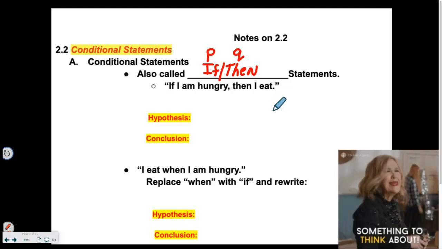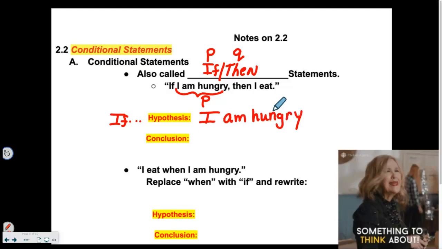So for example, when I say if I am hungry, I would call this P, and it's actually called the hypothesis. So the hypothesis is actually the if part, or what follows the if. So my hypothesis up here is that I am hungry.